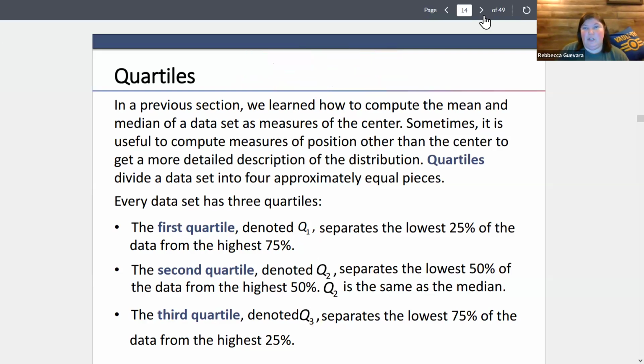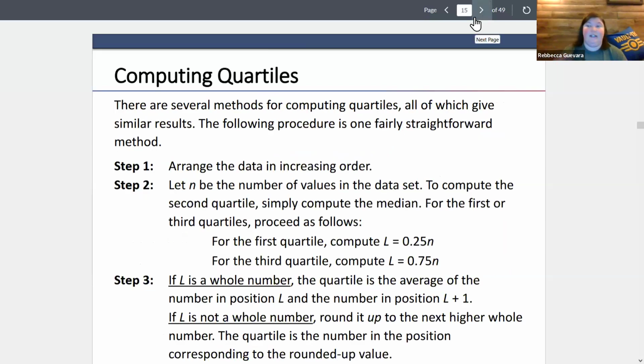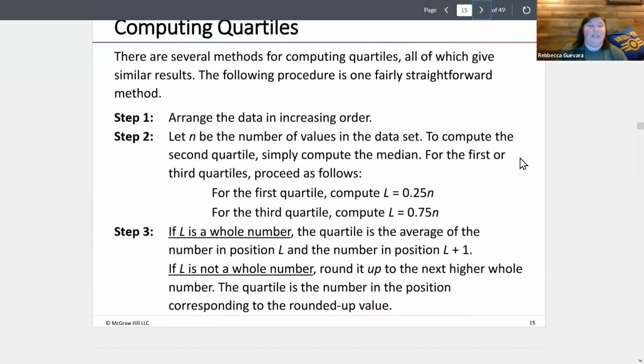Okay. So there are multiple ways to compute a quartile, and we're sticking to one method here, essentially like a locator function. There are several methods for computing quartiles. If you use your calculator, it may compute it a little differently than if you did it by hand.